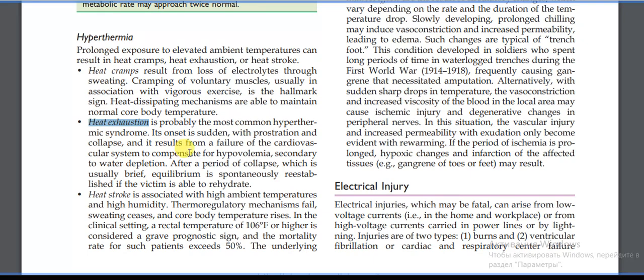It's usually brief, and then the body can rehydrate again. Sweating usually still happens because it's a normal mechanism for our body. But especially without sweating, when we have no evaporation and loss of energy from the body, heat exhaustion is more common.